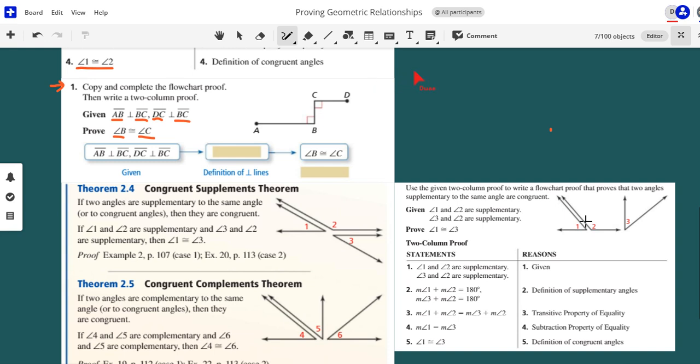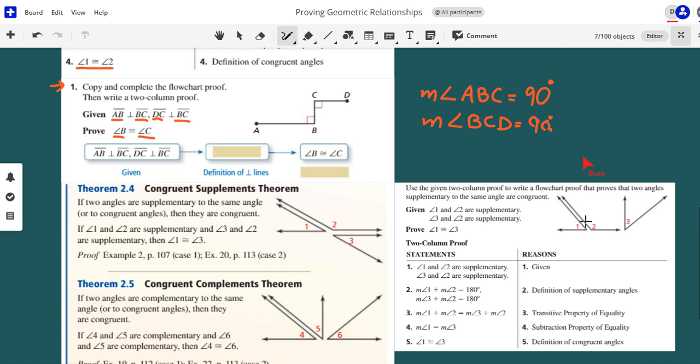So because AB is perpendicular to BC, that means the measure of angle ABC, I'm writing it here because the angle is at the central point, is 90 degrees. And the measure of angle BCD is also 90 degrees.